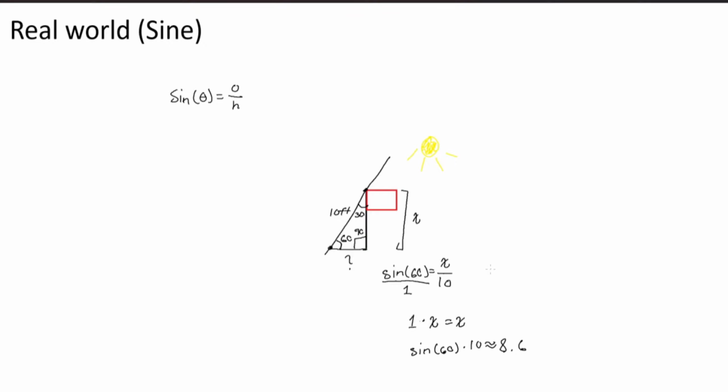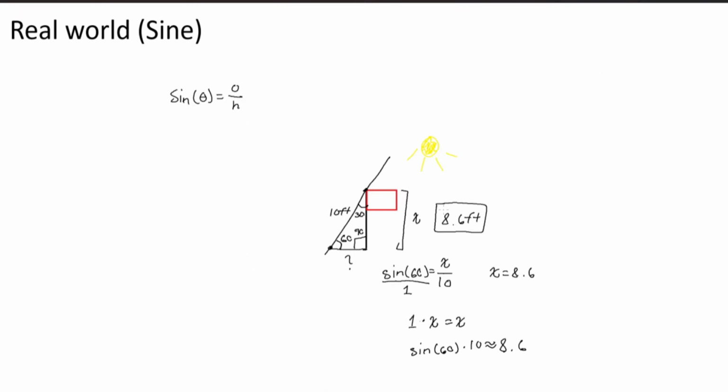So now we can say x is equal to 8.6, meaning that the height of the flagpole is 8.6 feet. So it's a fairly short flagpole. Typically they're a bit taller than that. But we now know the height of the flagpole is 8.6 feet.